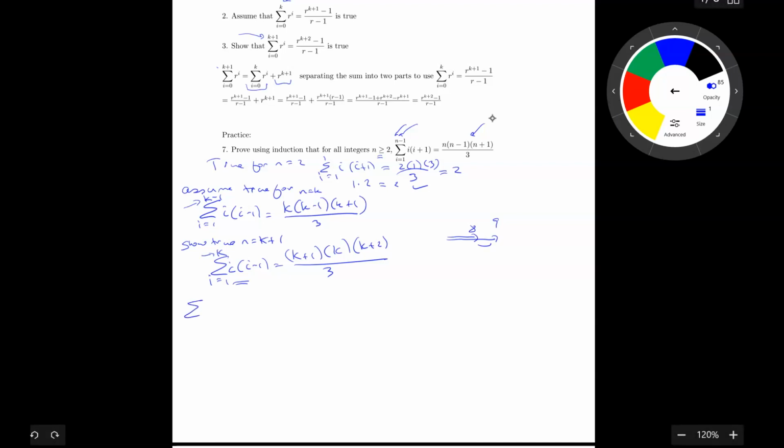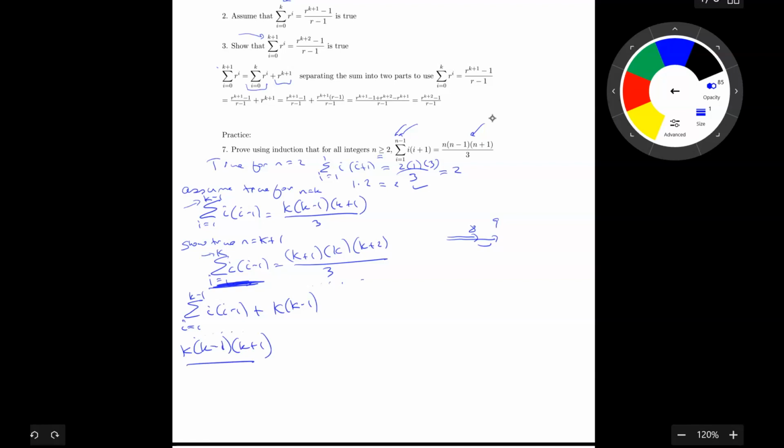So you just work from the left-hand side. Don't even write the right-hand side down anymore. So i equal 1 to k minus 1, i times i plus 1, plus the next term, the kth term, and I don't need the summation, I'm just plugging in k. This is where I use the inductive step.